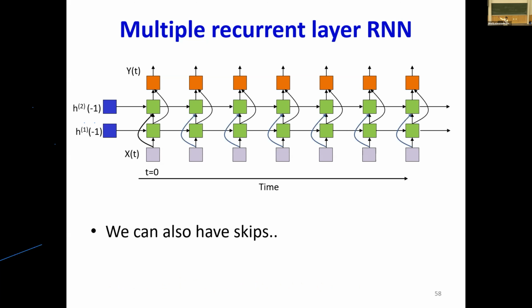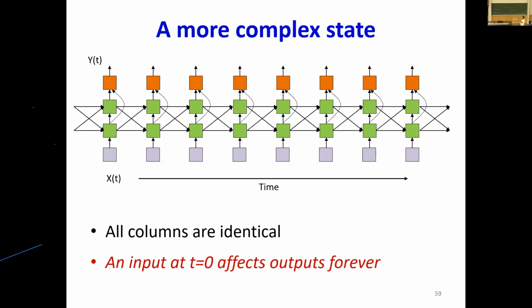So the connections could be of this kind, where I not only have recurrent connections between the layers, but I have skip connections going from the bottom to the top. Or something even more complicated like this, where the first layer at any time t is feeding the second layer at time t plus 1. The second layer at time t is feeding the first layer at time t plus 1. And this is still a perfectly reasonable model.